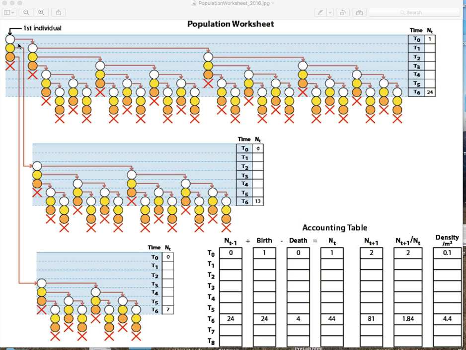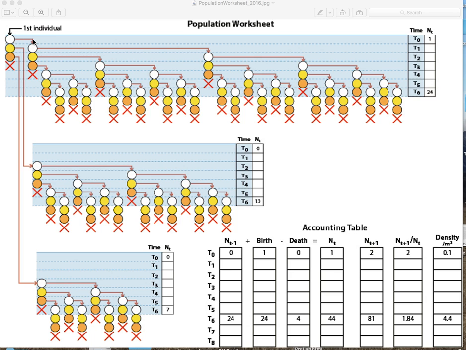The second rule is that at every time period, each individual will give birth to one individual. That's what these arrows are tracking here: the births, and the offspring of each individual. So again, working backwards, starting with our first individual, this white circle here, by definition, it gives birth to one individual.